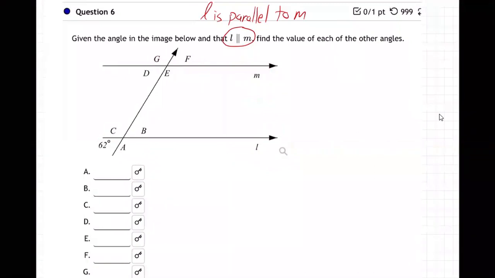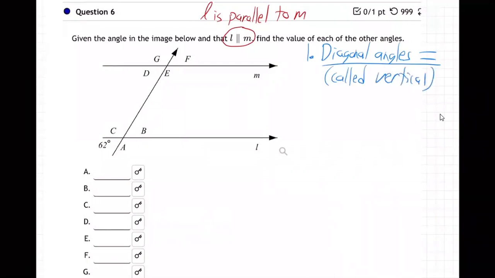I'm going to give you 2 or 3 key facts that'll help with this. The first fact is diagonal angles are equal, and they're called vertical. I don't know why they're called vertical. I don't think it's a very good name.